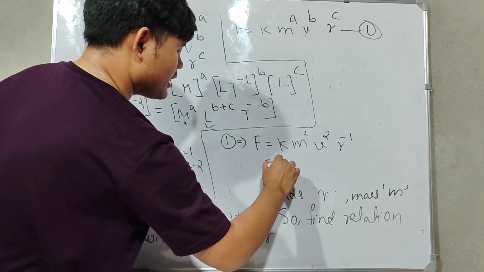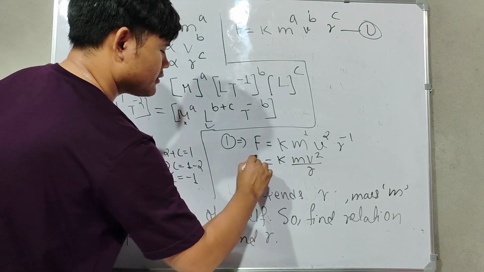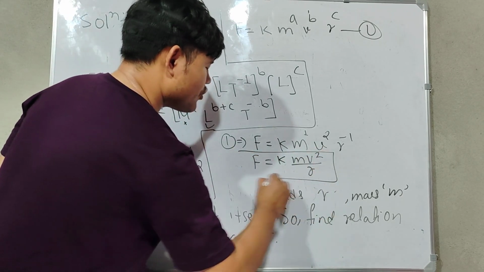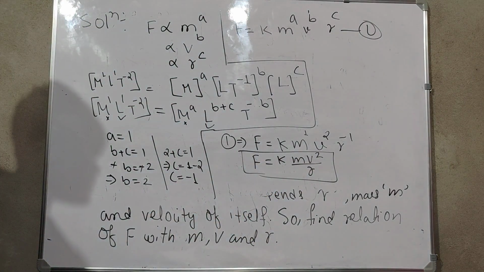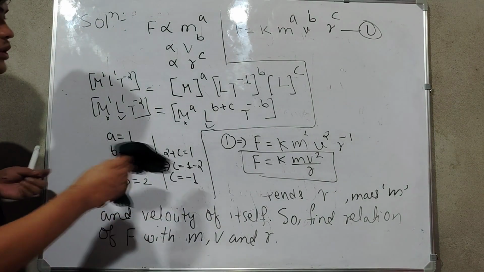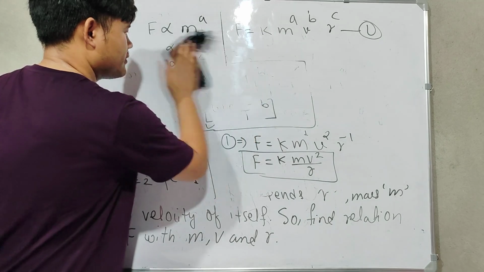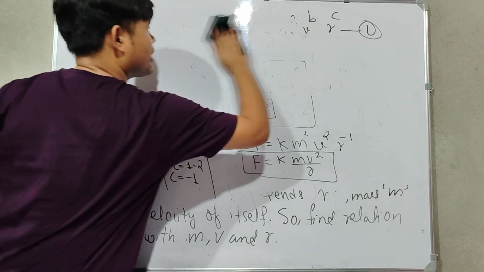So what will you get? K M V square by R. So this is the formula of the centripetal force. See, we found it out dimensionally. One question I will give, you do it as homework.